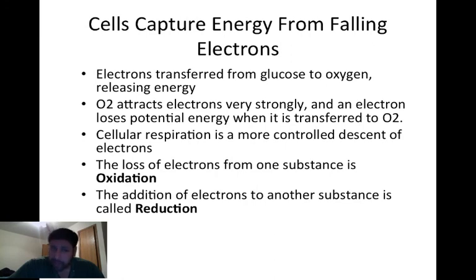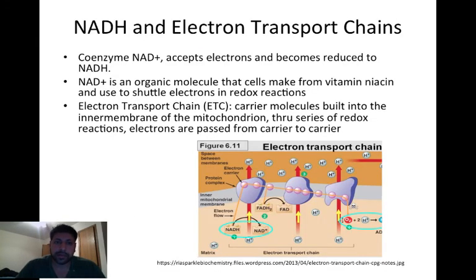And then the electrons get passed on, FAD gets reduced to FADH2, and it goes on and on. So again, oxidation, you're giving up electrons; reduction, gaining electrons. Okay, sorry. NADH in the electron transport chain.